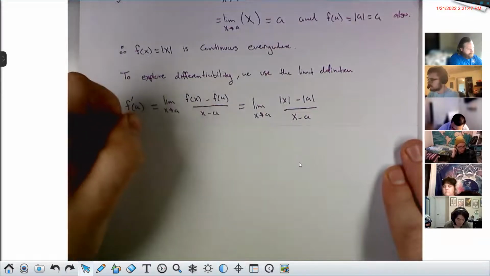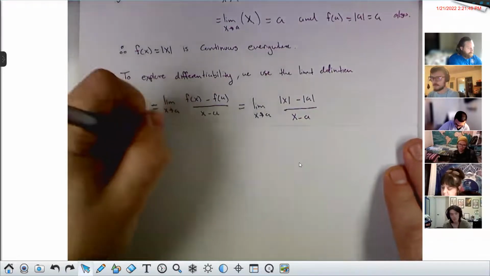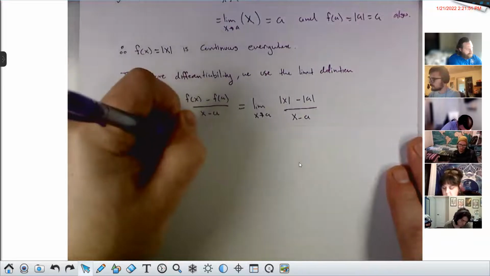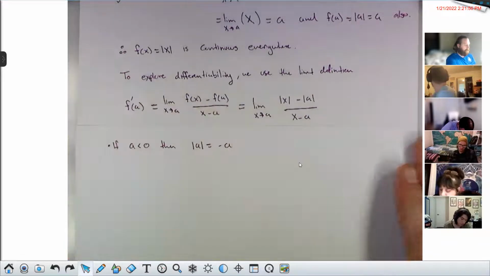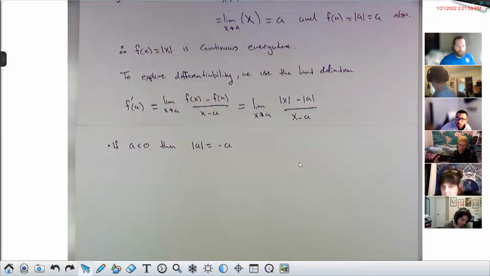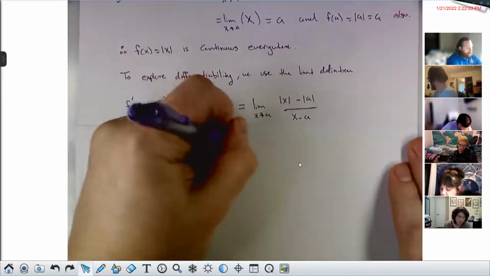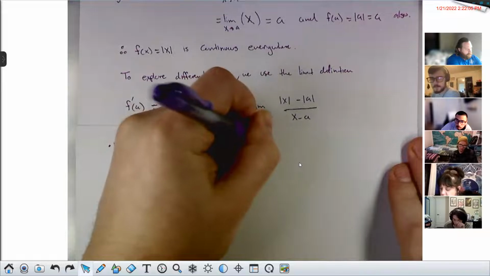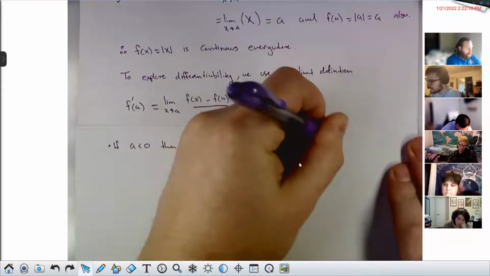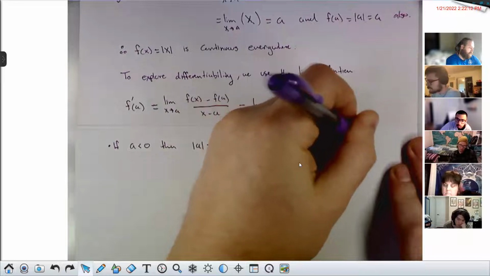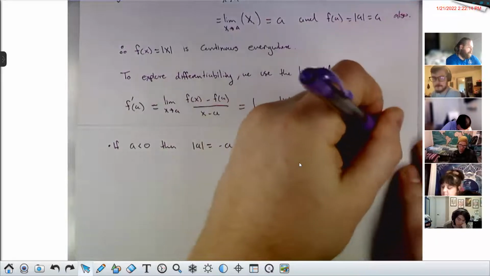If a is negative, then the absolute value of a is negative a, right? Let's assume a is negative and try to find f prime of a.